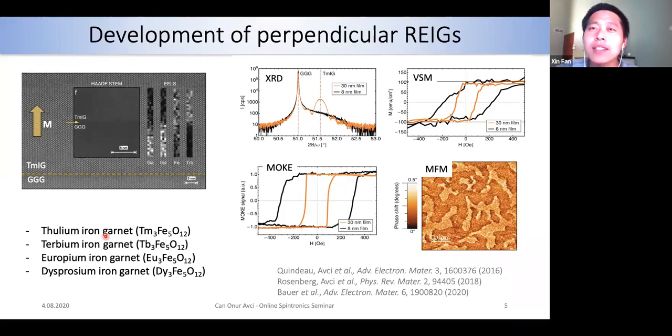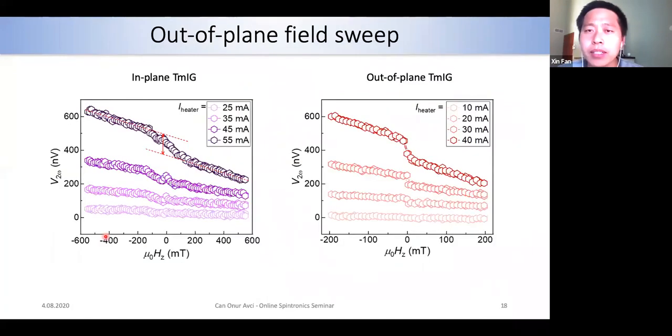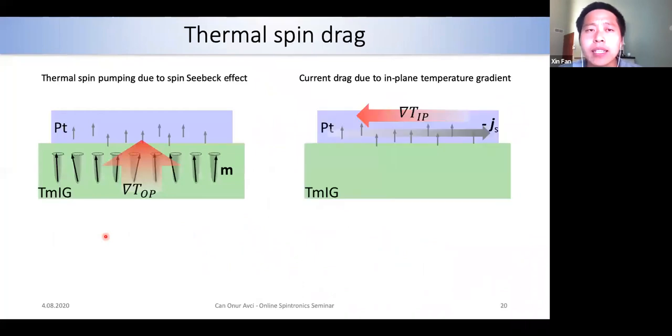I want to ask one question about the last part of your talk, about the thermal spin drag. If I understand the mechanism you described correctly, it's a two-step process. First, the perpendicular temperature gradient pumps the spin into platinum, and then the in-plane temperature gradient drags the spin, which gives rise to the inverse spin Hall effect, something like that.